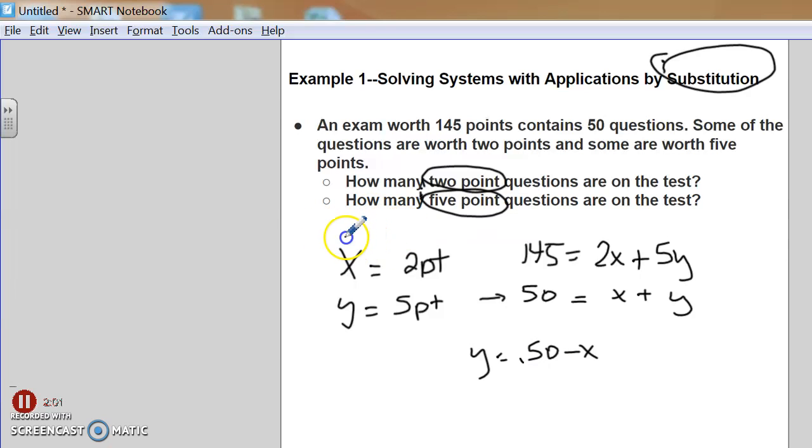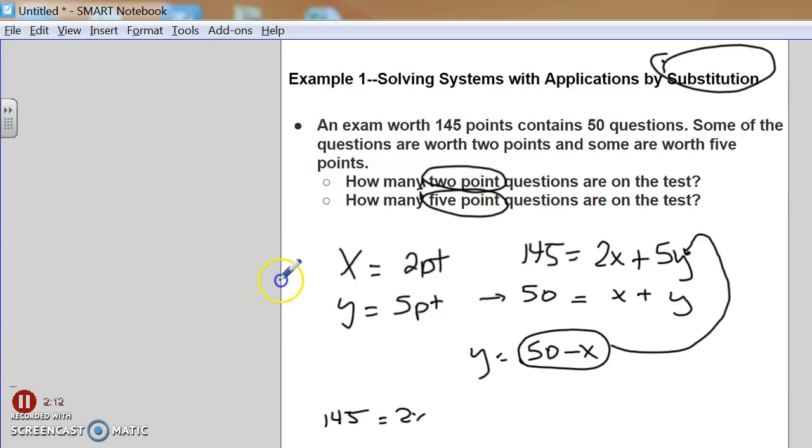Where does that 50 minus X go? Well, if that's what Y equals, then it's going to substitute right in there for Y. So down here I'm going to rewrite 145 equals 2X plus 5, not times Y anymore, but times 50 minus X. I'm going to distribute the 5, and I get 145 equals 2X plus 250 minus 5X.